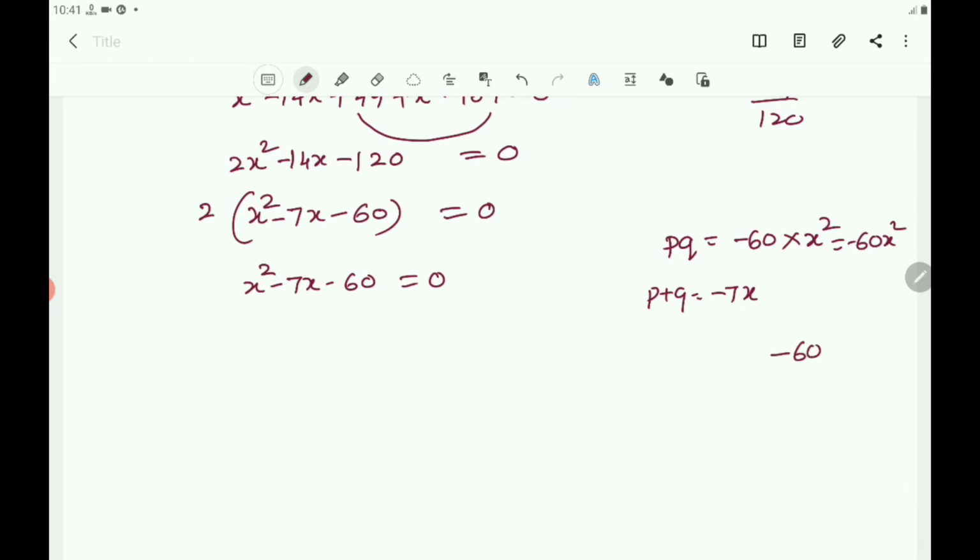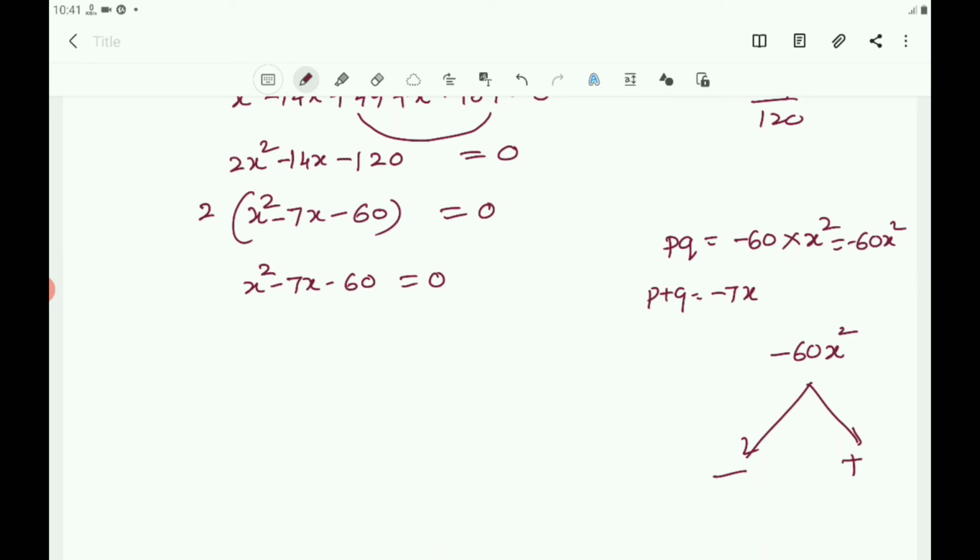Here the product is negative, which means the factors have different signs, and the greater number has the minus sign because the sign of the middle term is minus, and the smaller one has positive. As they have different signs, you must take the difference.